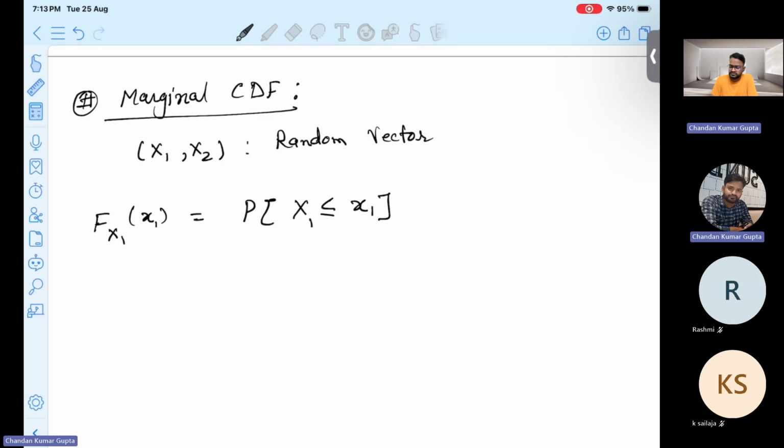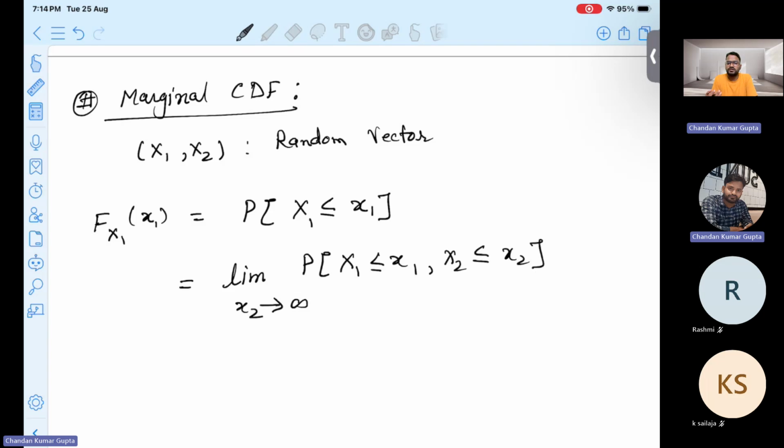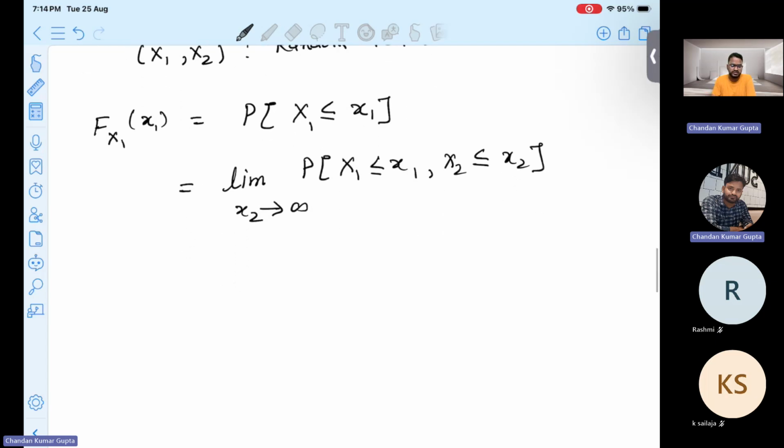Okay, this is the basic definition. This can be calculated by taking the limit on the other variable. Okay, so x2 tends to infinity, and then this. So this is how we calculate the marginal CDF of a particular random variable.